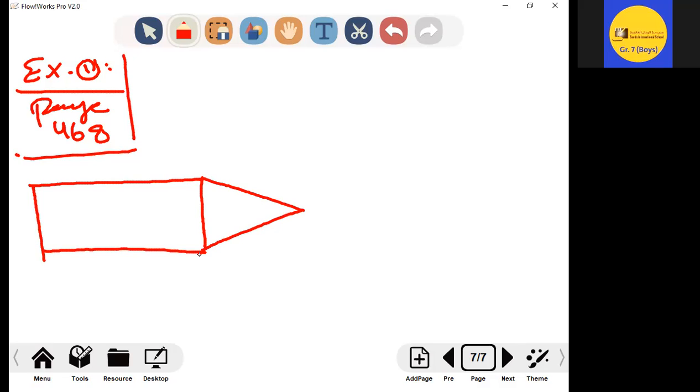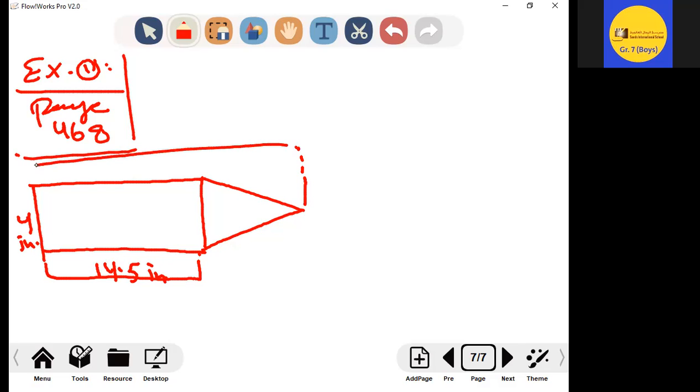Now, let's put the dimensions on. We have this here, from here to here is 14.5 inches. And this here is 4 inches. And from here to here is 20.75 inches, right?